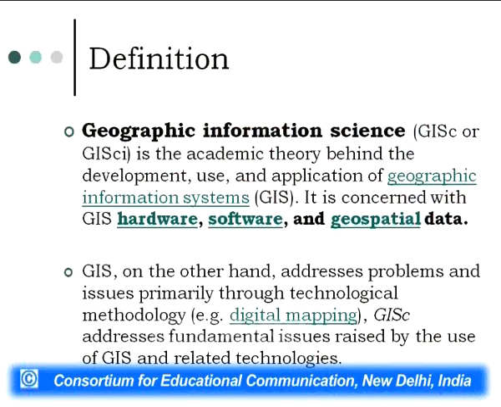Now coming back to the definitional part, what I said as a technical part of this particular concept, there are various terminologies in academia these days. One is GI science, another term is geoinformatics, another is the geospatial approach, and some of the universities which are technical in nature make use of the word geomatics.